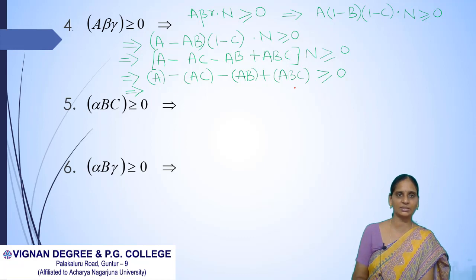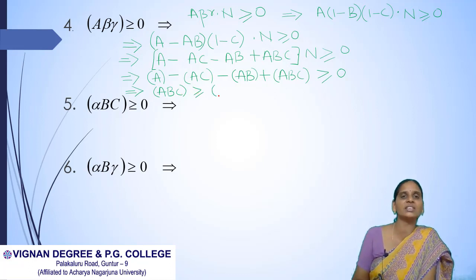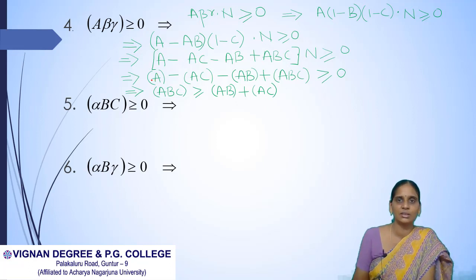And this implies I am writing in the left hand side only frequency of ABC, and the remaining terms shifted to right hand side. Then we get frequency of ABC is greater than or equal to frequency of AB plus frequency of AC. So here plus frequency of A in the above expression in the left hand side, so you have to shift to the right hand side.